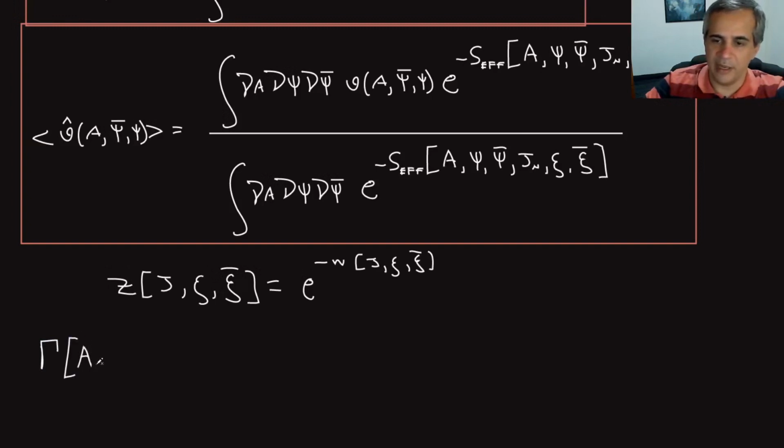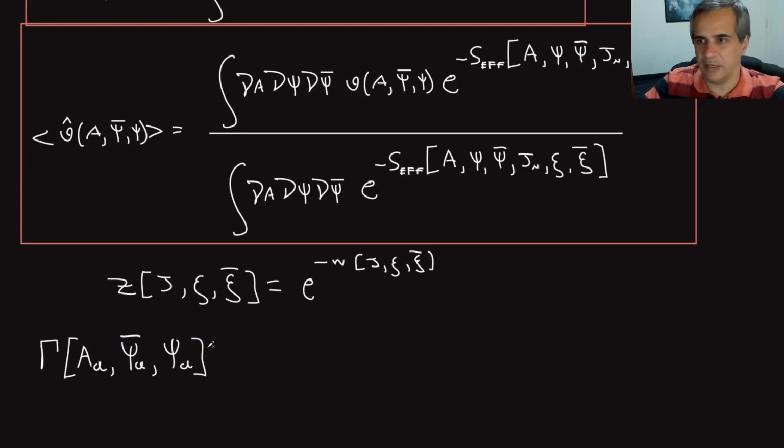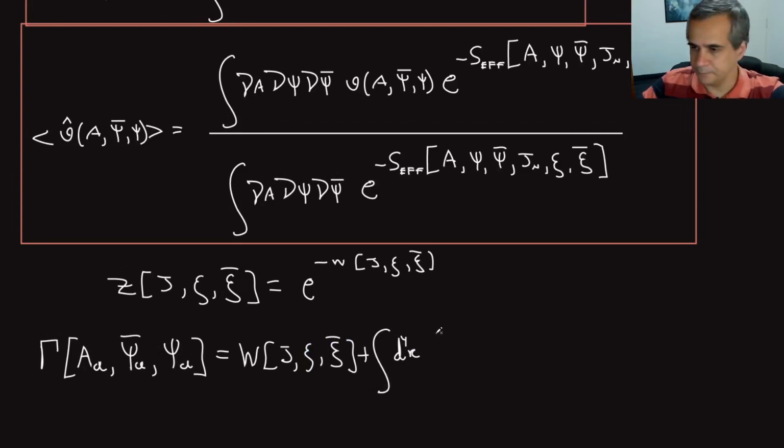And then from W, get the generator of 1PI diagrams, which is given by a Legendre transform. So now I define a classical A, a psi bar classical, a psi classical. Remember, these are the vacuum expectation values of those fields, and these will be given in terms of W, with J mu, A mu classical, plus psi bar, psi classical, plus psi classical, psi.